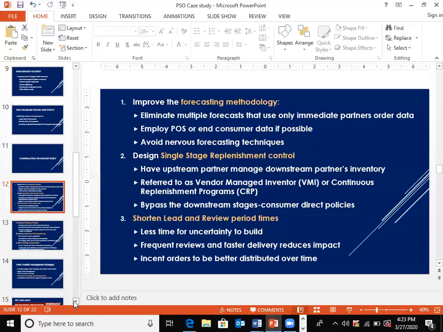The third thing, which I had discussed a little earlier as well, is shortening lead time and review period times. And so I had discussed that a little bit before, so I'm not going to go too much in detail. But again, it's best to take less time to deliver goods and to manufacture goods and send it to the customer, because the market situation is constantly changing and evolving.